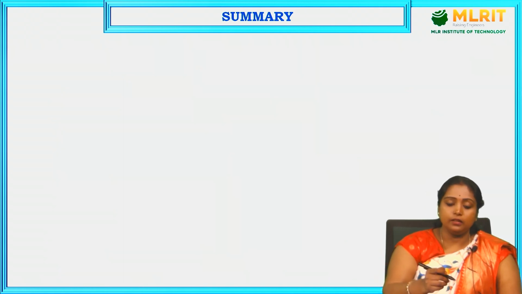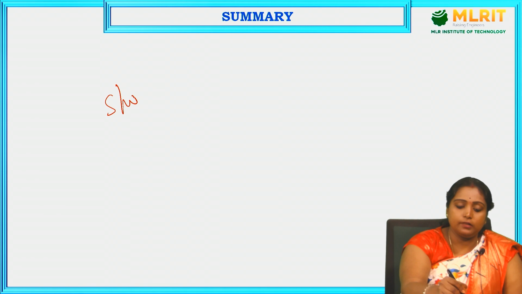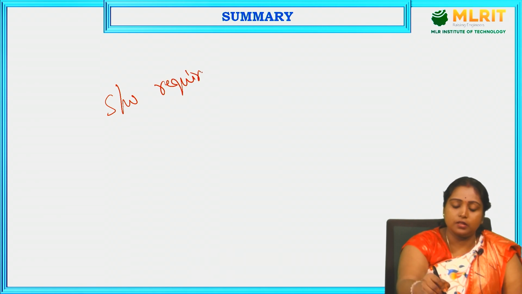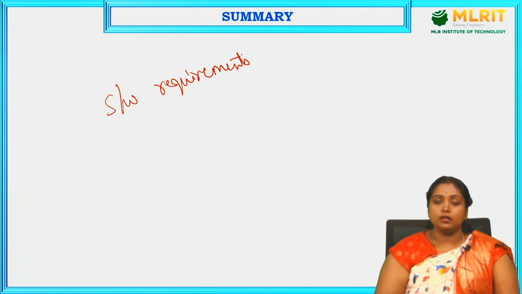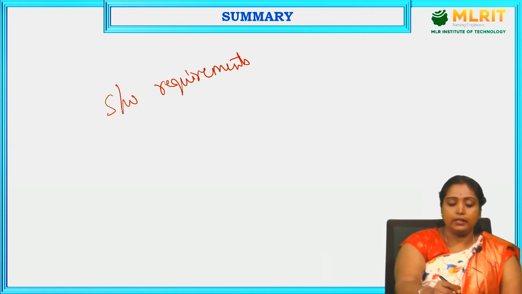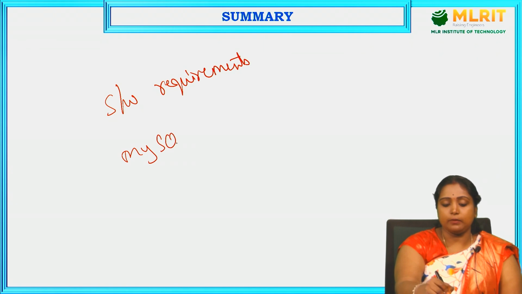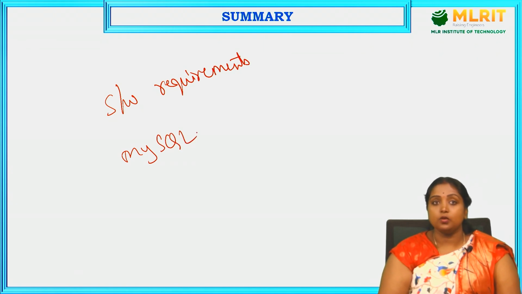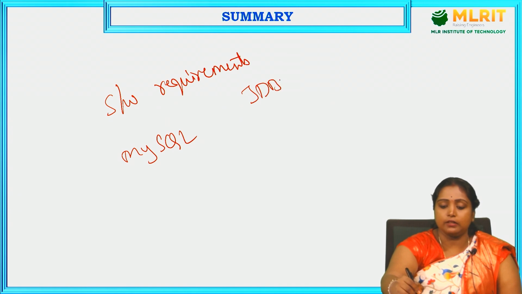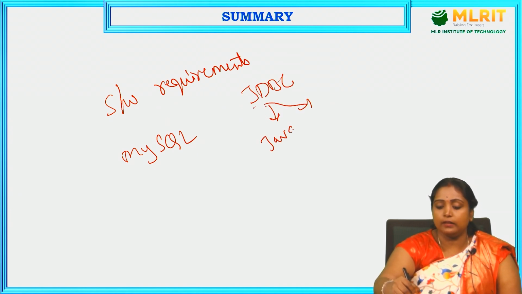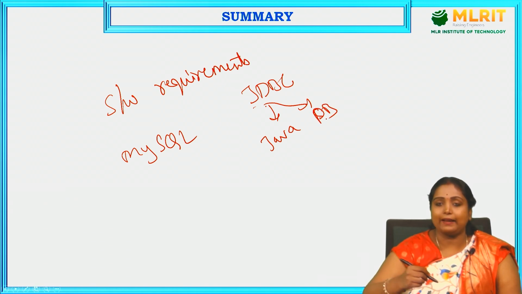Next, we have seen software requirements. What are the software requirements I need for this session in order to execute JDBC programs? I need MySQL for database. As we are using JDBC connectivity, I need the software for Java as well as for the database, the backend.